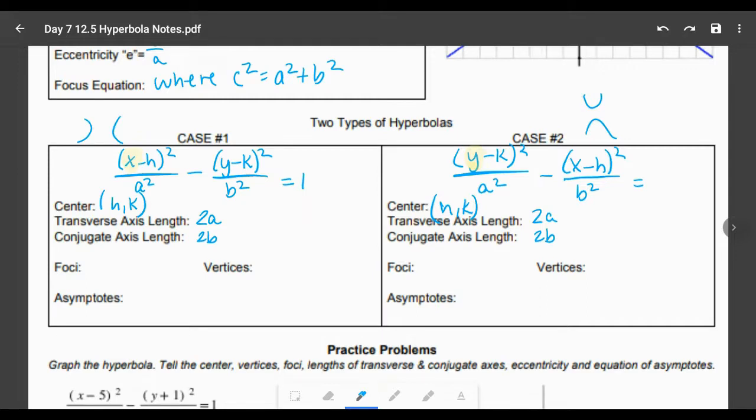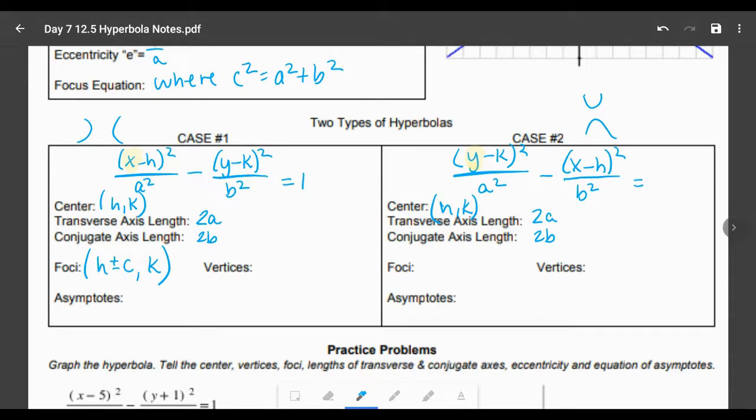So the foci, which are inside of the hyperbola branches, are going to be further away from the center than the vertices. And so we're going to take the center point h plus or minus c, comma k. So if your hyperbola opens right and left, your focal points will also be to the right and to the left of the center.